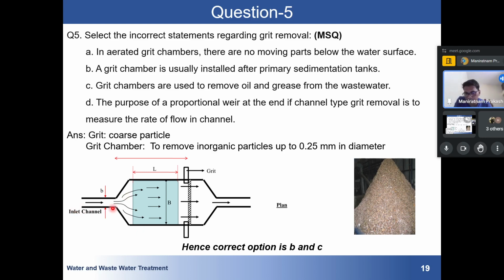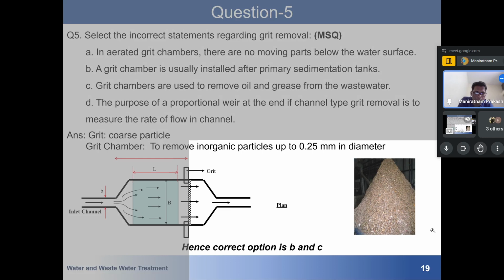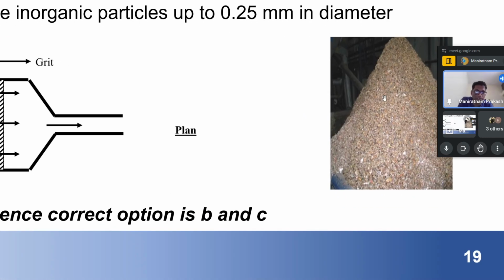The water will go into a kind of settling zone, all the grit will settle down at the bottom and be removed from the side, and the water will go into another treatment unit. You can see this is the grit which gets collected in this grit chamber.